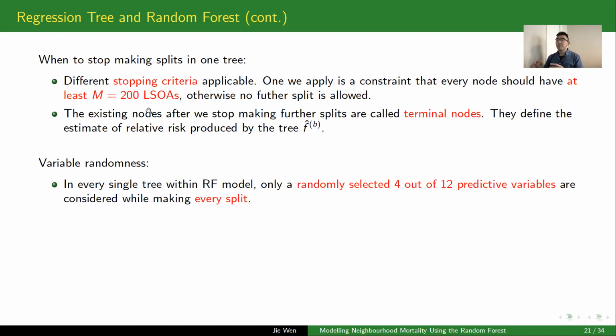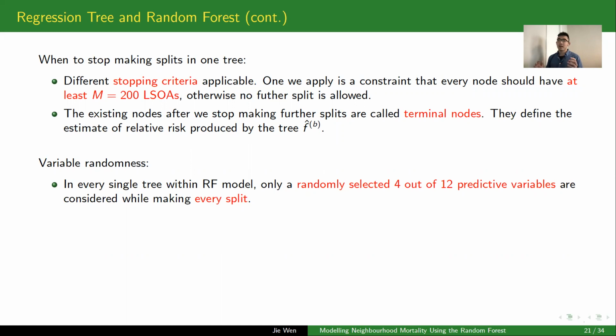After we stop making further splits, all of the existing nodes within one tree are called the terminal nodes. So these are the nodes of RSOs that define the estimate of relative risk produced by any single regression tree function. We have also mentioned earlier that every single regression tree within a random forest model is only trained using a randomly selected subset of RSOs rather than all of the RSOs in the training set.